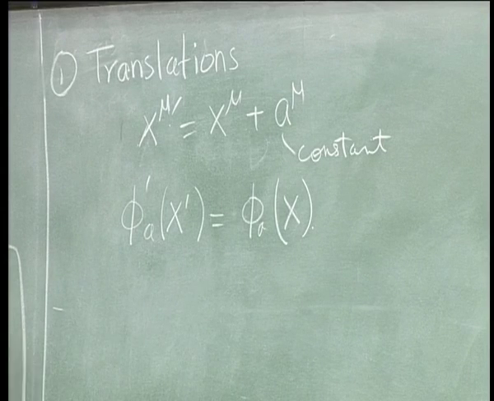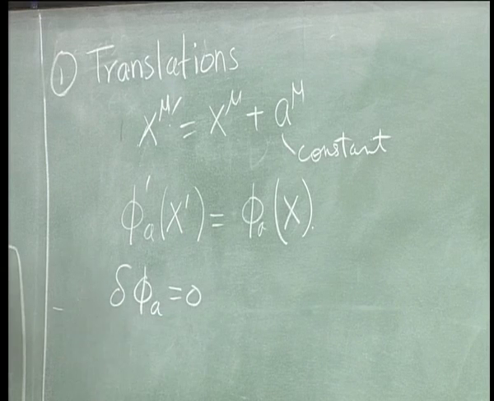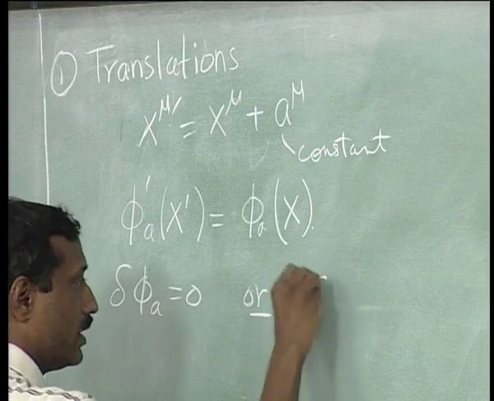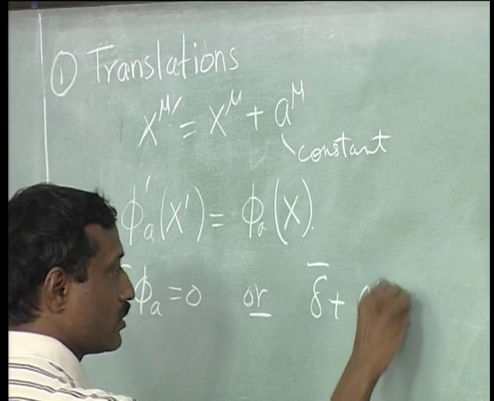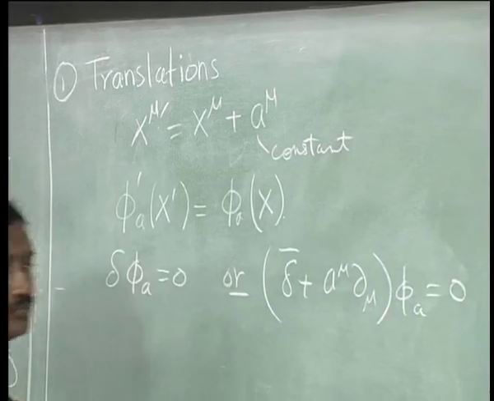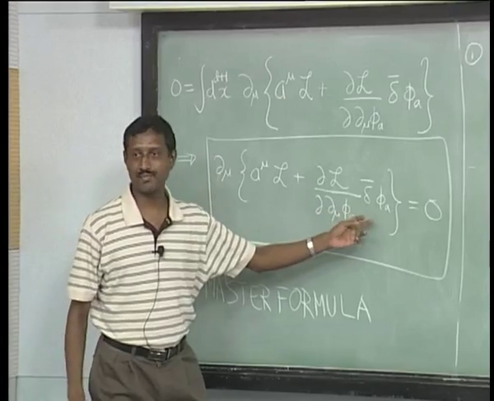So, this implies that delta of phi a is 0, but delta equal to delta bar plus something, because in this formula we need to use delta bar.